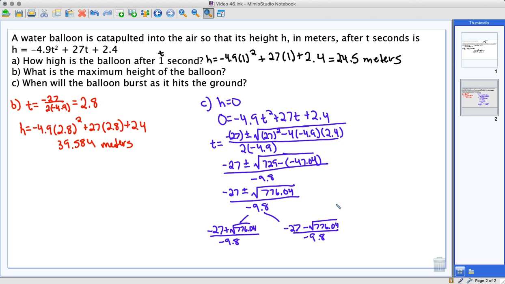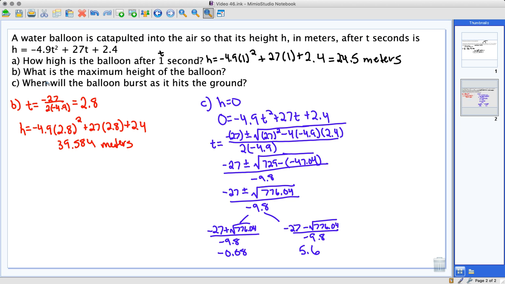For the first one, I get negative 0.08. For the second one, I get 5.6. One of our answers makes sense for what the question asks, the other one doesn't.